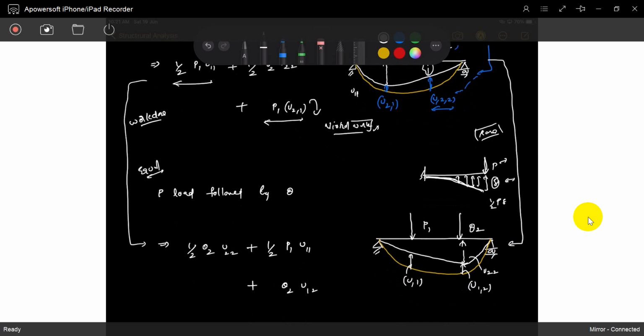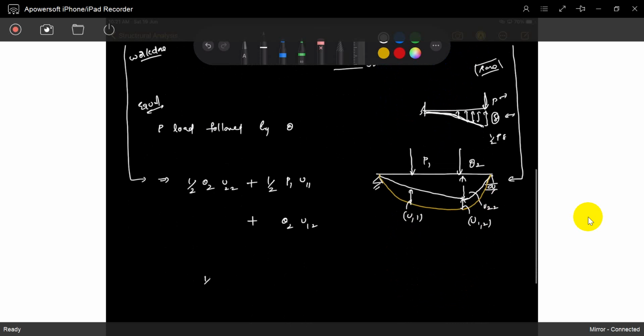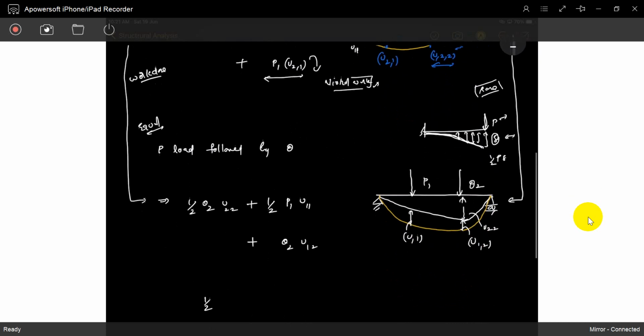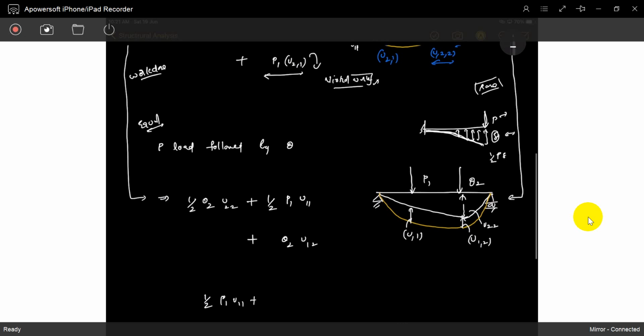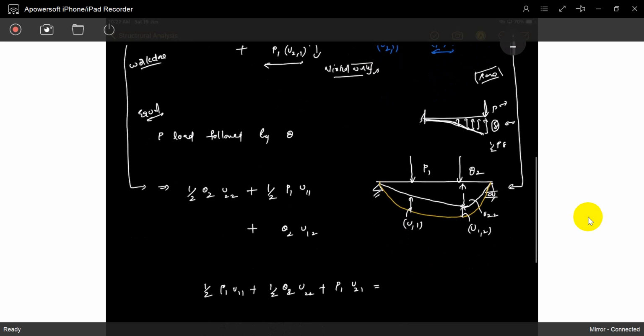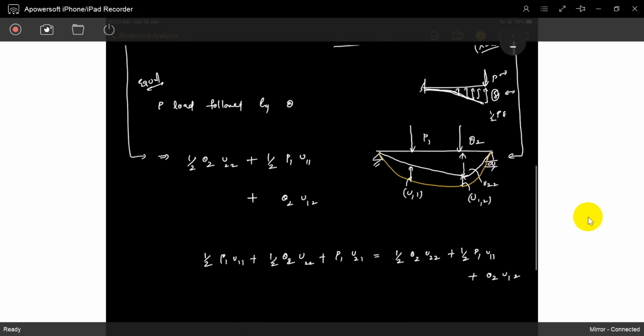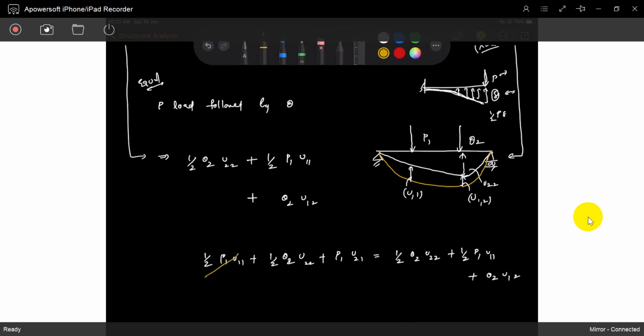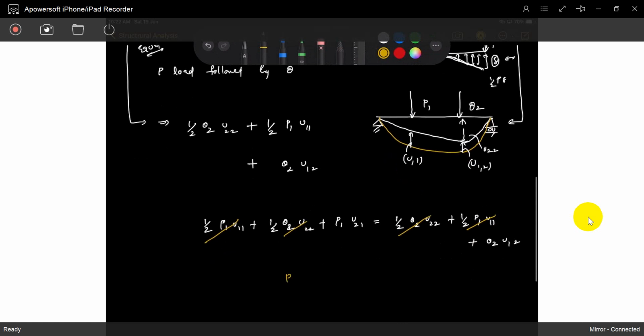So if you compare these two: half P1 U11 plus half Q2 U22 plus P1 U21 equals half Q2 U22 plus half P1 U11 plus Q2 U12. Cancelling the common terms, finally P1 U21 equals Q2 U12. That is the theorem.